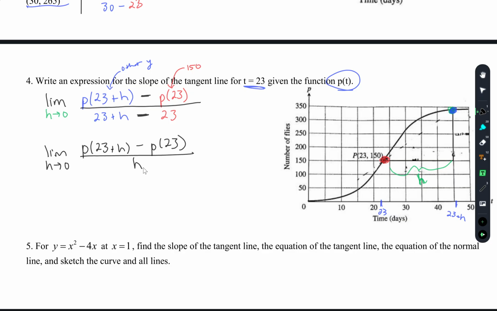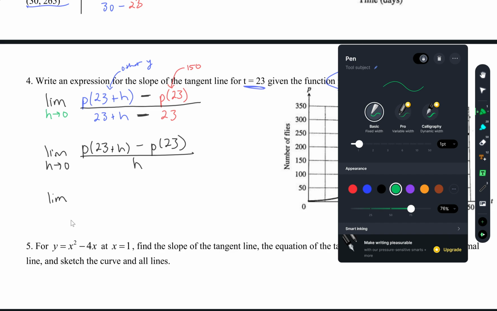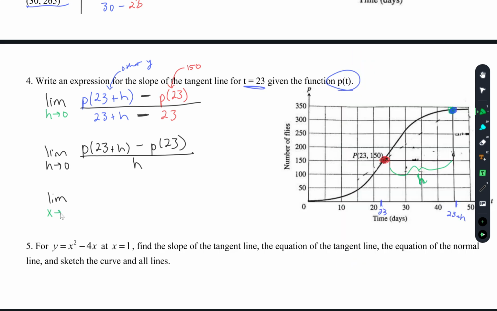Okay, the other definition, that's involving the slope formula itself. That one, instead of talking about it as h, they're talking about it as x approaching that value of 23. Okay, so that's the other way to do it.